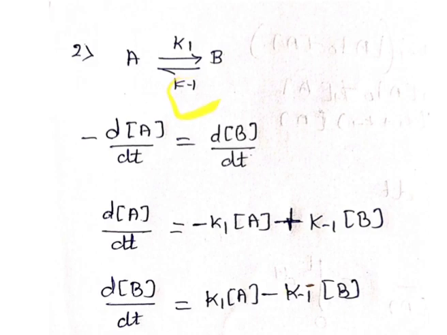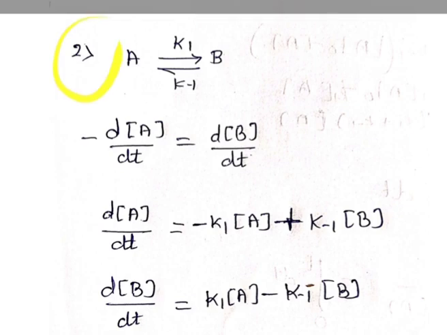By which rate? Rate is K minus 1. And which species is going to decrease? It is B. So the term is K minus 1 into concentration of B for the reverse reaction. So overall rate of B species is dB by dt is equal to K1 into concentration of A minus K minus 1 into concentration of B. This is our rate for equation number 2, or problem number 2.